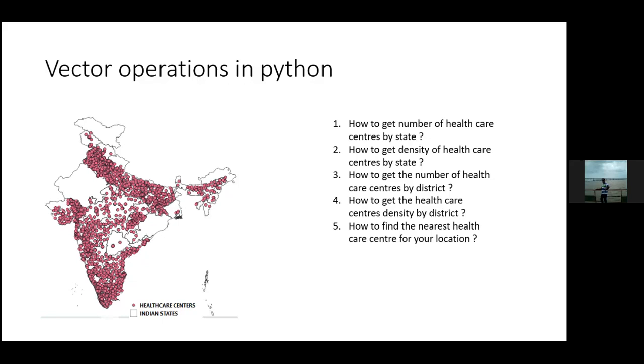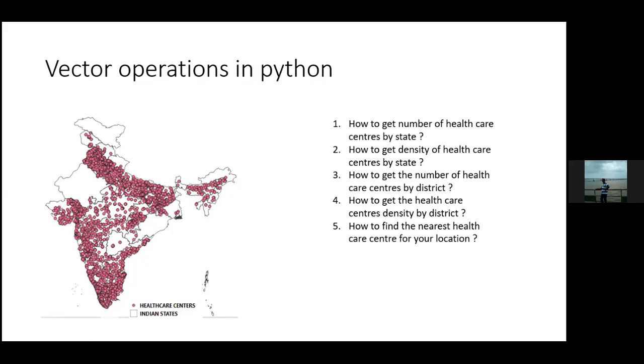If I know a programming language, I will read all the states' CSV files. I will combine these files within a single line, and then I can convert the single CSV file into shapefile format. Then I can directly overlay it on India, and I can get the answer to all these questions. How to get the number of healthcare centers by state?